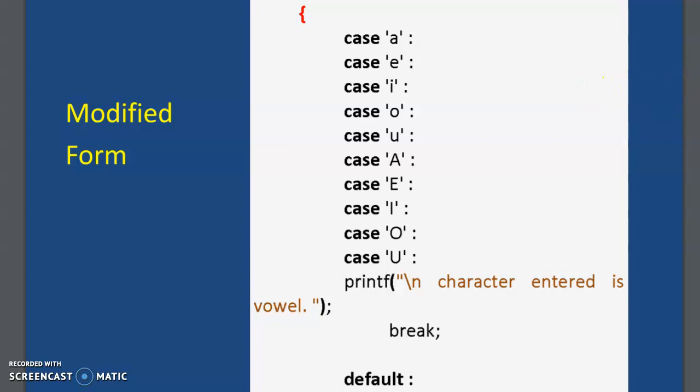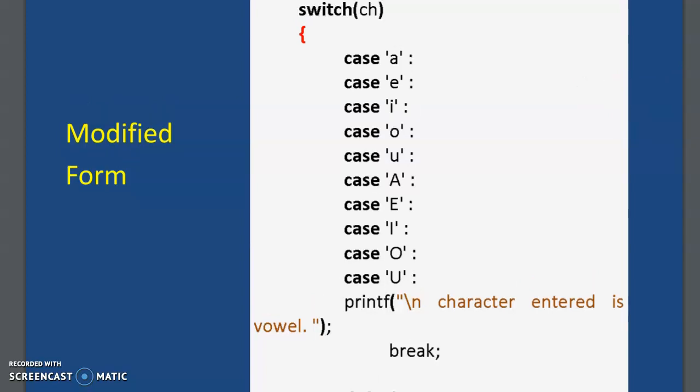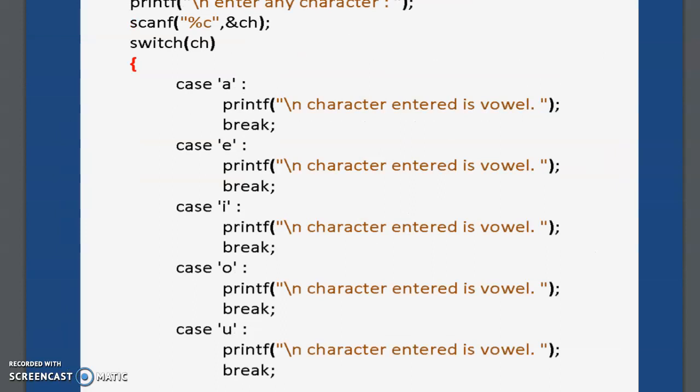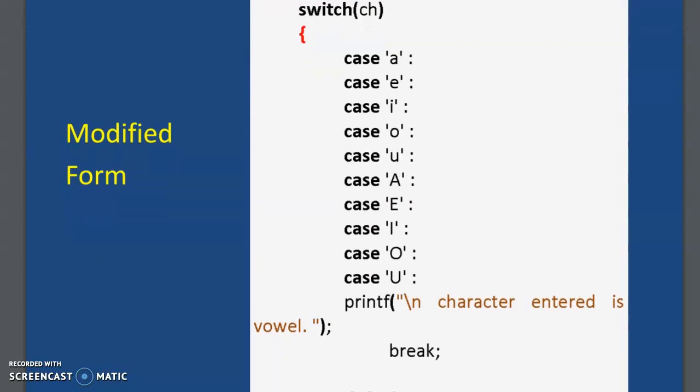Now in this particular example, what you see is that switch ch variable and nothing has been added to the cases, case A, E, I, O, U, like it was being done in the previous case. For every case, we had written character entered is vowel. Whereas in this example, we have not written character entered is vowel with case A, E, I, O, except for the last case.